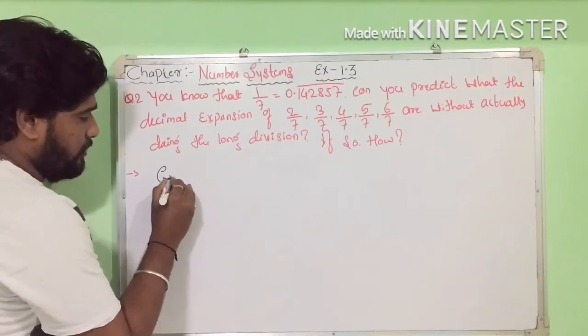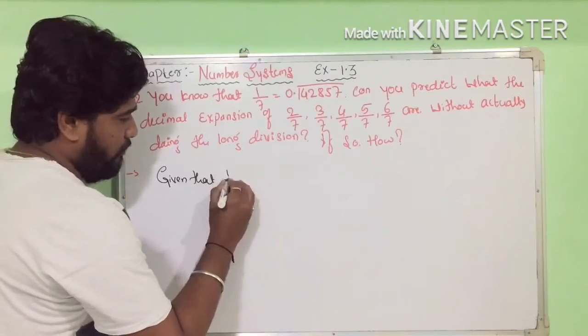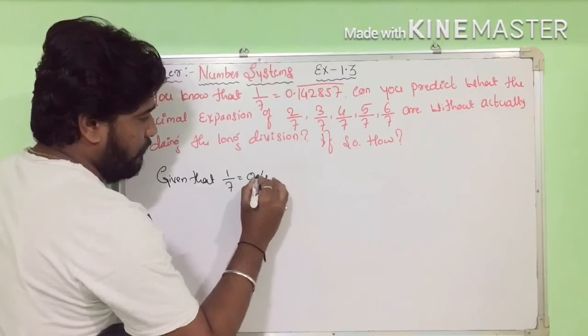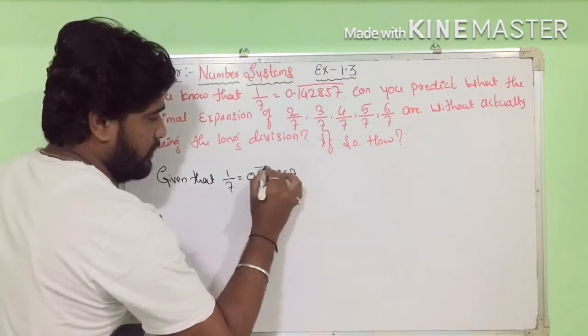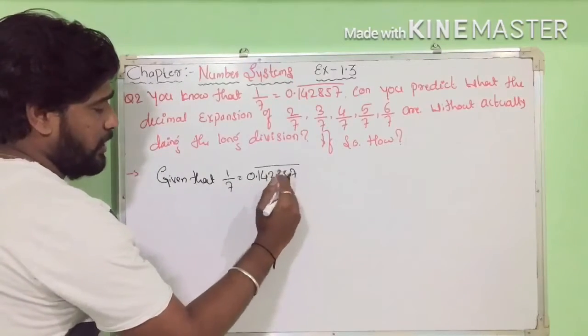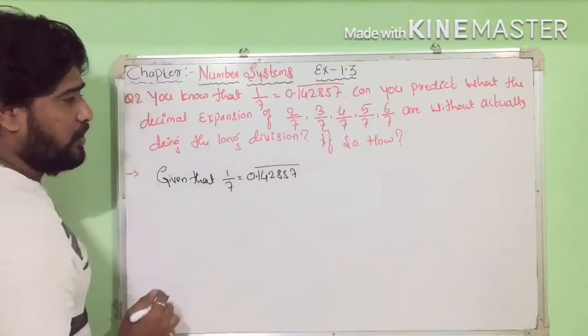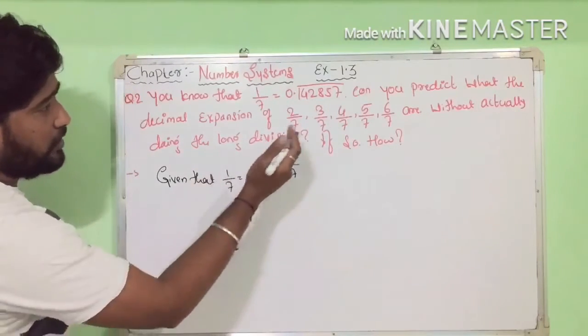Given that 1 by 7 is equal to 0.142857, these numbers are recurring, so it is a non-terminating and recurring decimal, right? Using this we want to find these five.